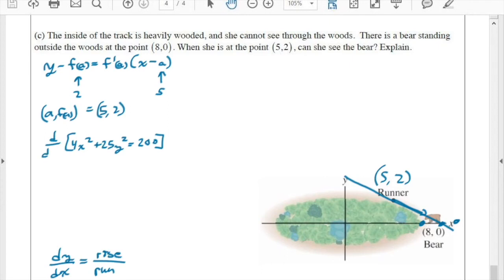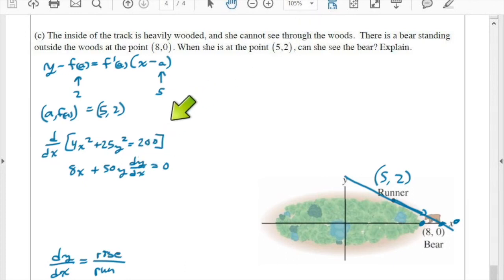Okay, so we're going to take the derivative of this with respect to x now. So we have d over dx. We get 8x plus 50y, and because we're taking the derivative with respect to x, not y, we multiply this by y prime, or dy/dx, and that equals 0. Now, dy/dx is what we want at (5, 2).